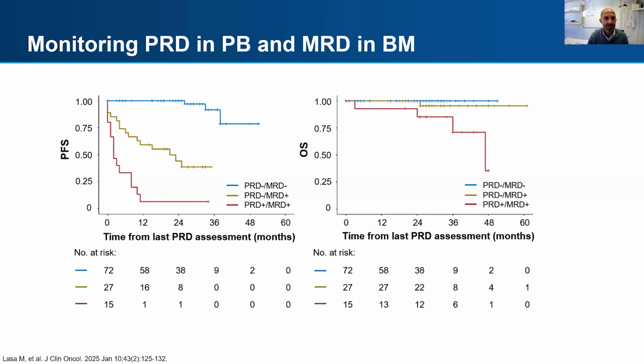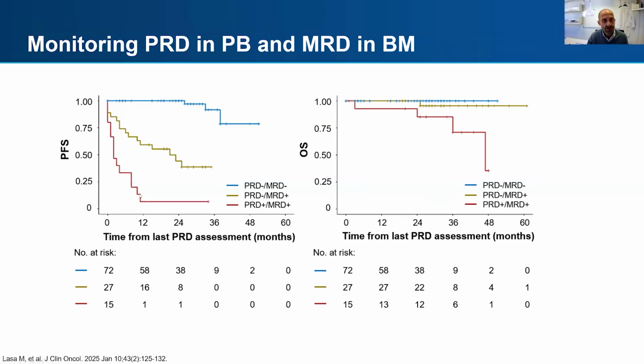What we show in this slide is the presence of 3 patient subgroups. One in whom, using NGF, the same method, the result was negative in the blood and in the marrow. As you can see in the slide, these patients have a very promising outcome. Then we have patients that show residual disease both in the marrow as well as in the peripheral blood.